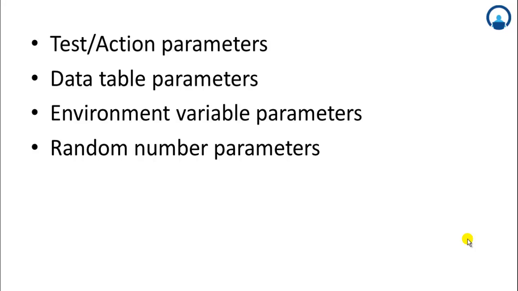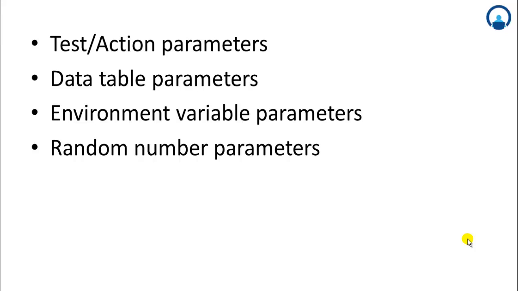These 10 inputs can be passed to the script through parameterization. This is called parameterization. Suppose we have a variable in the script, we can use parameterization to supply different values to the same user operation. So these are the different ways in which we can pass the values.